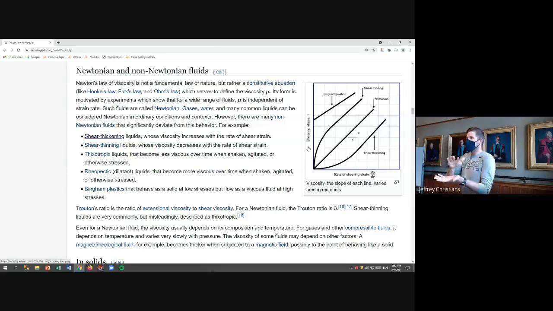So they start really thick, and then you push on them really hard, and then they're really liquidy. There are some that are shear thickening, where if you gradually push them, they're liquidy, but if you push on it really hard, they feel like solids, or they get thicker. And then there are some that start out kind of as solids, but once you push on it hard enough, then it transforms into a liquid.